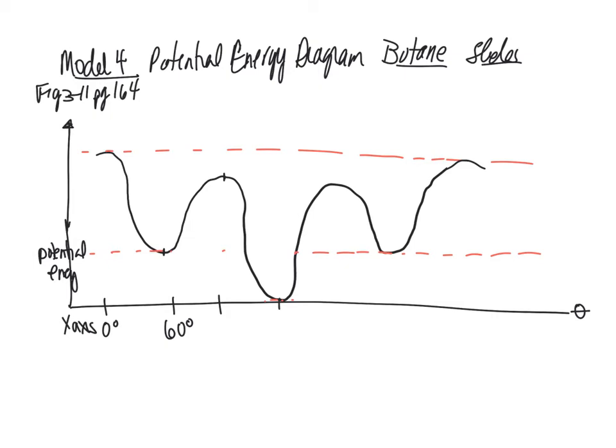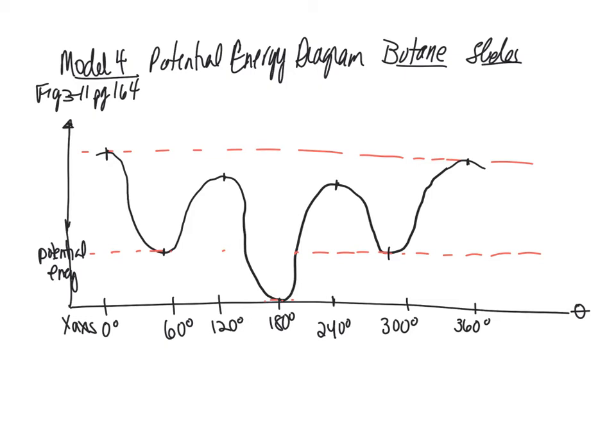This one is at 120 degrees. This is 180 degrees. This one is at 240 degrees. We're just rotating that single bond all the way through. We're doing a full circle, 300 degrees, and then 360 degrees.